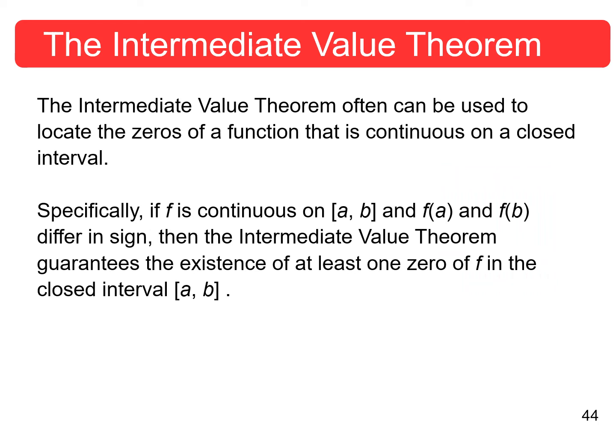Another use of the intermediate value theorem is to locate the zeros of a function that is continuous on a closed interval. Specifically, if f is continuous on the closed interval [a, b] and f of a and f of b differ in sign, then the intermediate value theorem guarantees the existence of at least one zero in the closed interval [a, b].